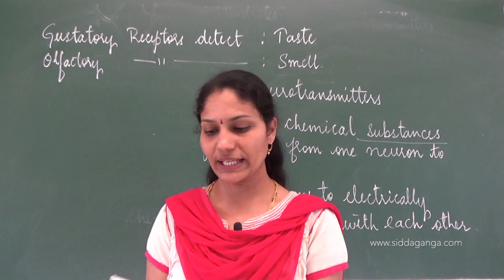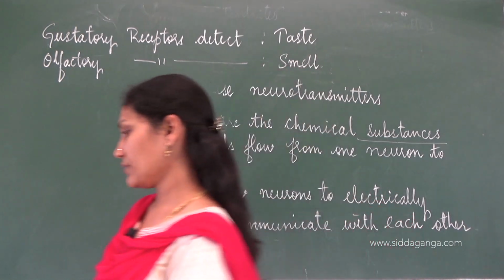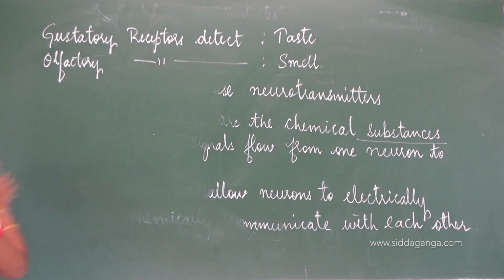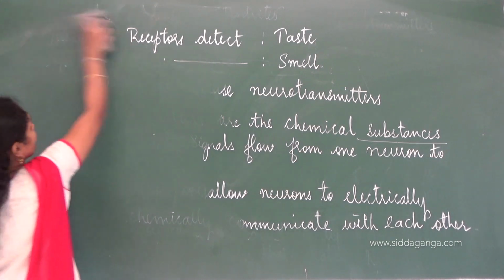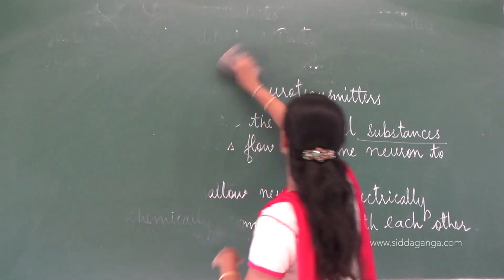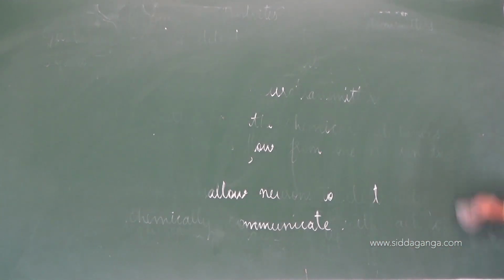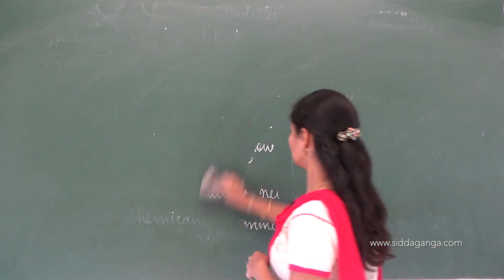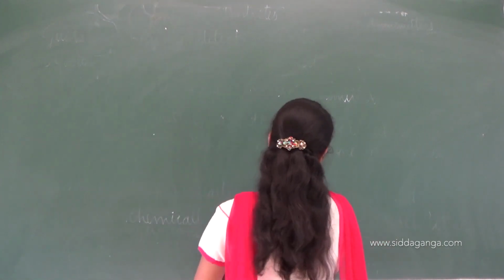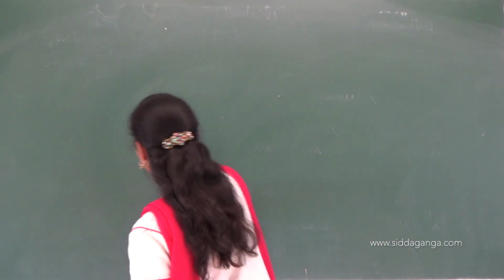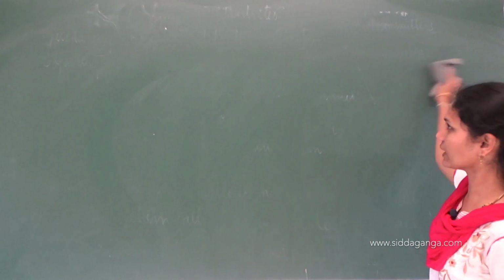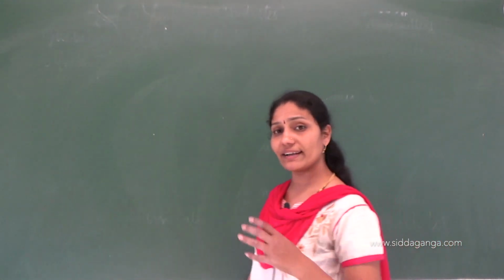So let's move on to the next topic, the reflex actions. The example of touching a very hot object, or the example of blinking our eyes or shutting our eyes when a bright light is focused.